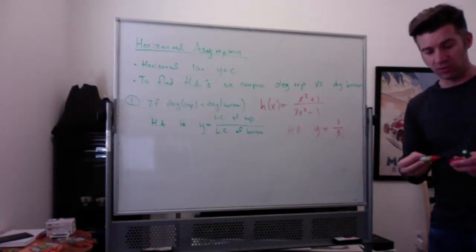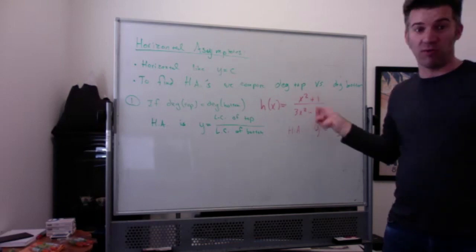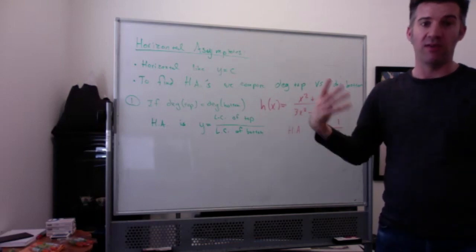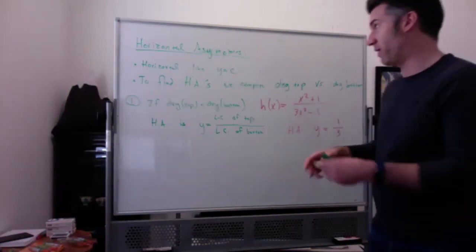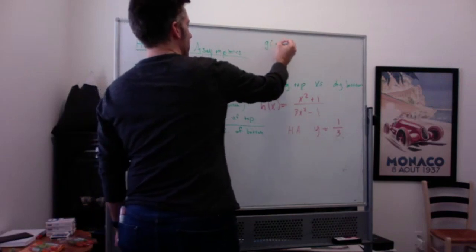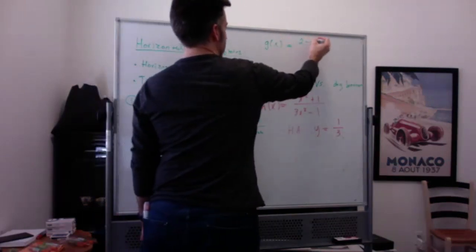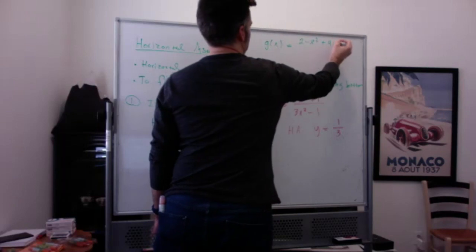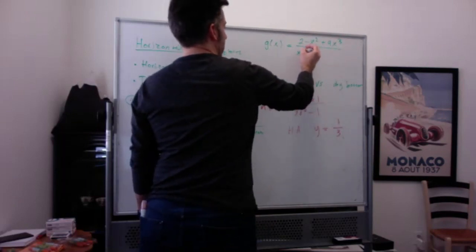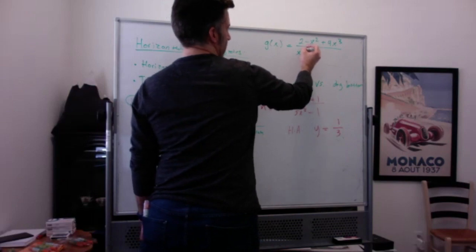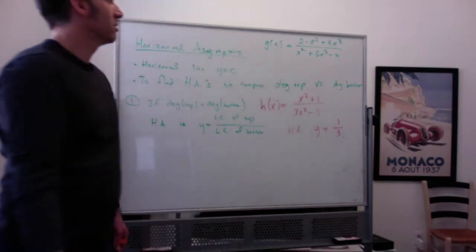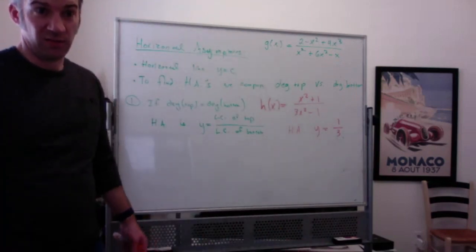And again, I'll remind you, sometimes people are going to write things out of order. So the leading coefficient isn't always what shows up first. It's the coefficient of the thing that has the highest power. So if I instead wrote that my function was, say, g of x equal to 2 minus x squared plus 4x cubed over x to the second plus 6x cubed minus x, the degree on top and the degree on the bottom are the same, right?